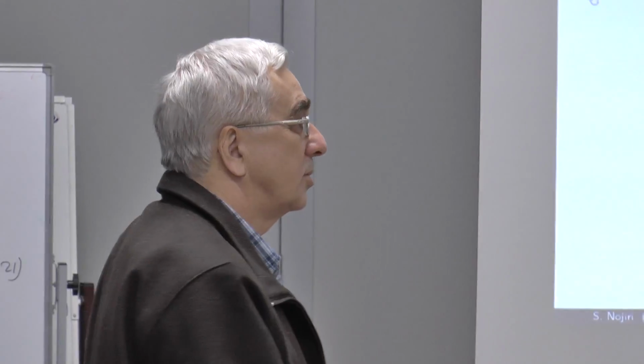Phantom fields are usually bad from a physical point of view, and is this problem solved? Yeah. If we realize the phantom by using a scalar field, for example, then the scalar field becomes a ghost.